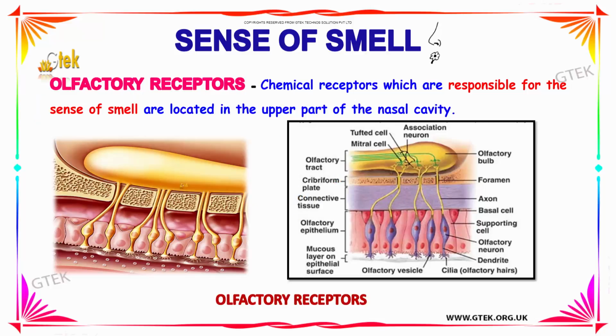Your olfactory receptors have the olfactory bulb, which has the olfactory tract, and the olfactory bulb has its foramens connected to the supporting cell, which is holding the olfactory neurons. You can clearly see over here the olfactory neuron.